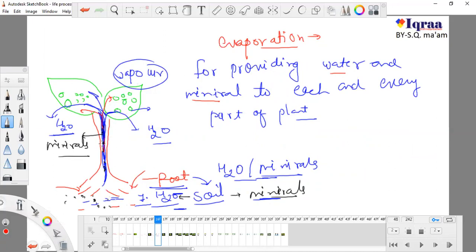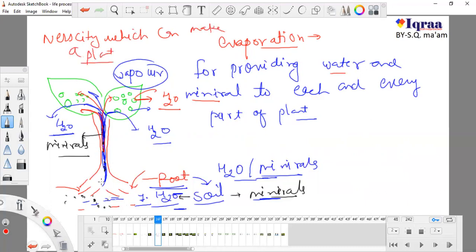By evaporation, water is reaching every part of the plant, and as soon as the water reaches the stomata, they remove water. So it is a necessity which can make a plant dead, because each and every time water has to go upwards, even if there is less water.